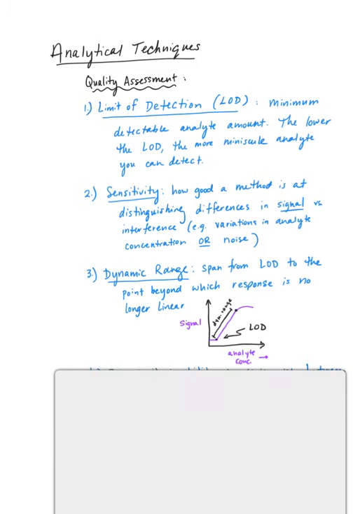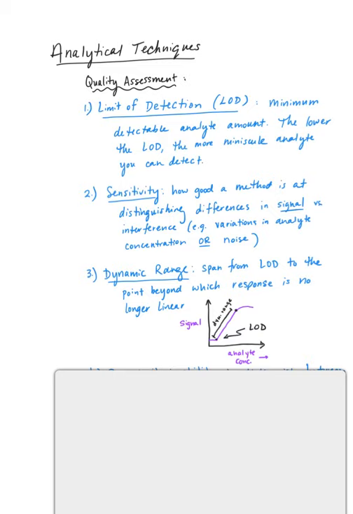Thirdly, the dynamic range for our technique is the span from the limit of detection to the point beyond which we can no longer receive a linear response from our technique.